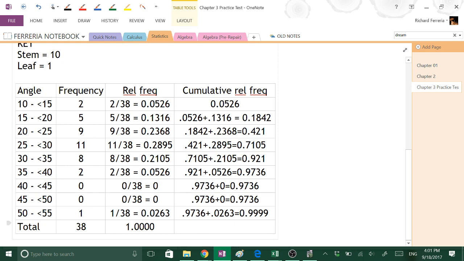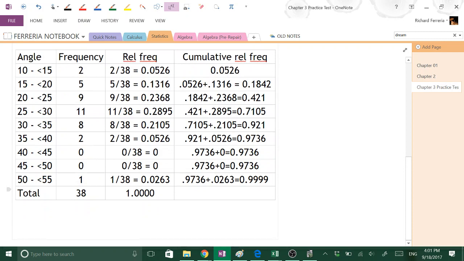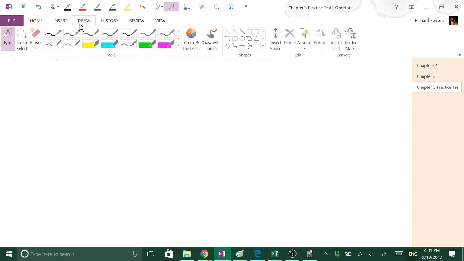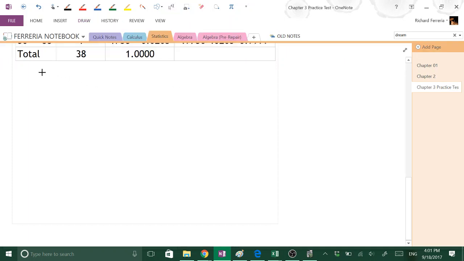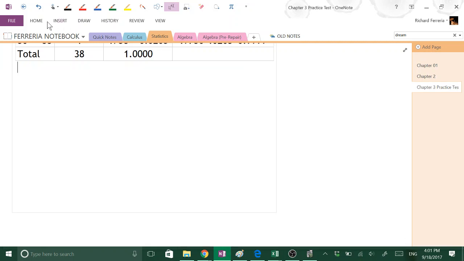Okay, that means that we need to get to our histogram and our relative cumulative frequency plot. So let's do our histogram first. Let's get a coordinate axis.